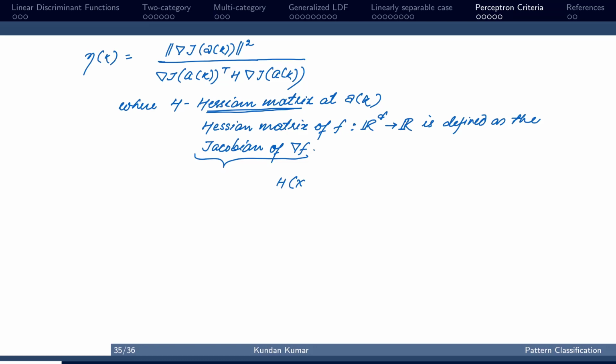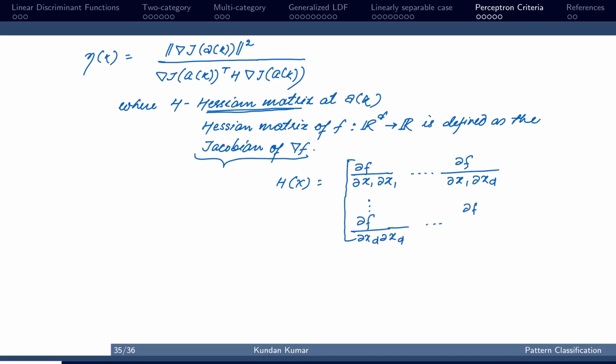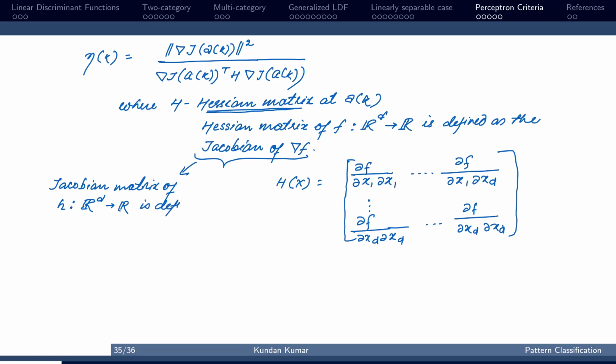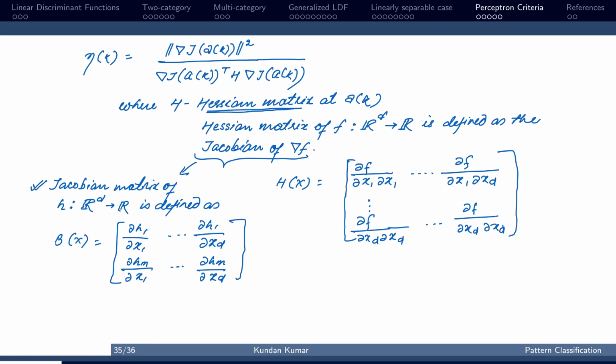The Hessian matrix of x can be defined as del F by del x1, del F divided by del x1 del xd, where the Jacobian matrix is defined as follows. So how is this Jacobian matrix defined?